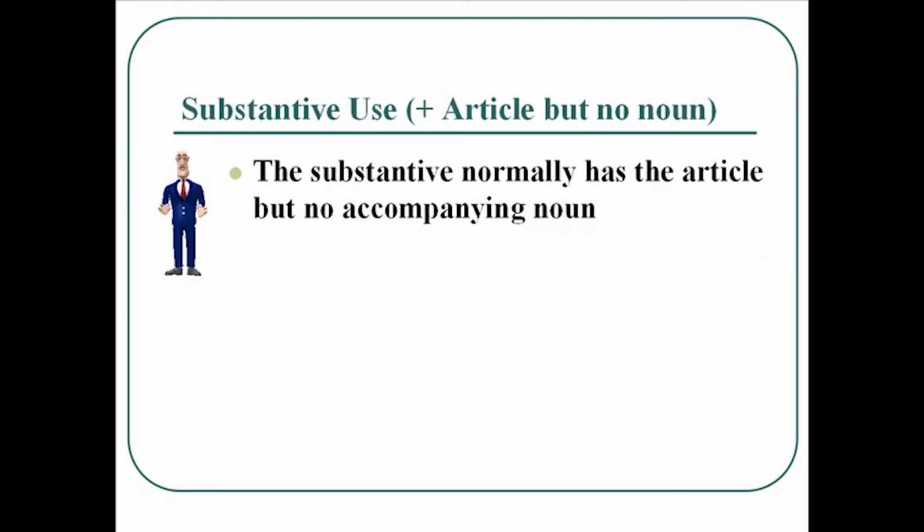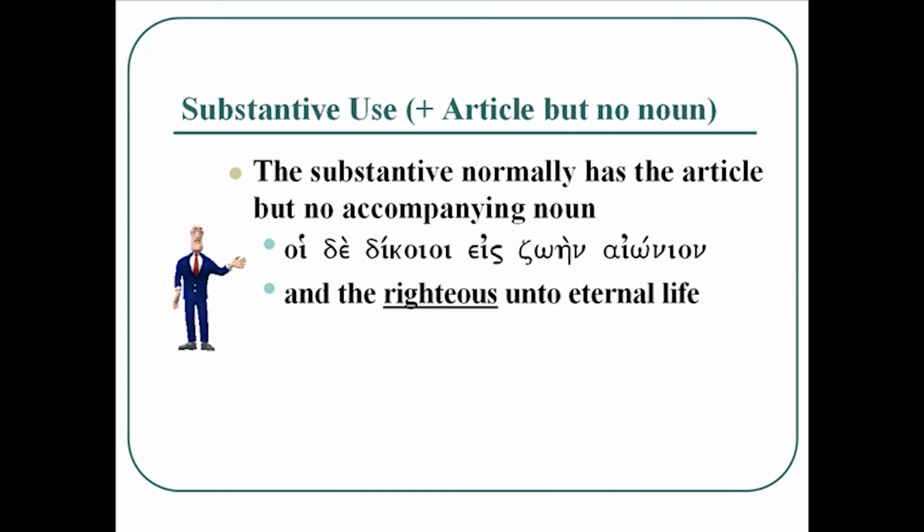The third way that the adjective is used is as a substantive. This is oftentimes when the adjective has the article, but there's no noun whatsoever. So the adjective takes over the role of the noun. So, for example, you have hoi de dikaioi eis zoen aionion, and the righteous unto eternal life.